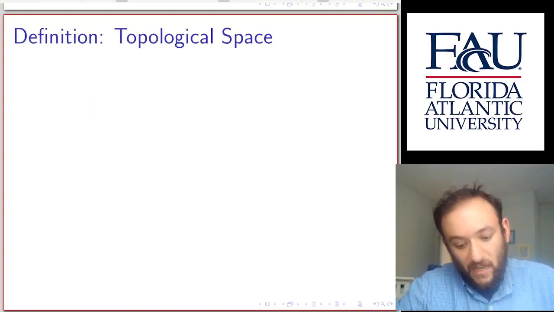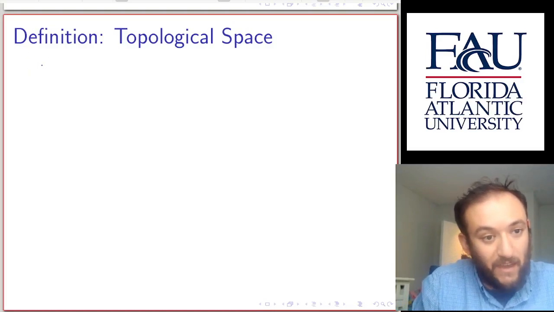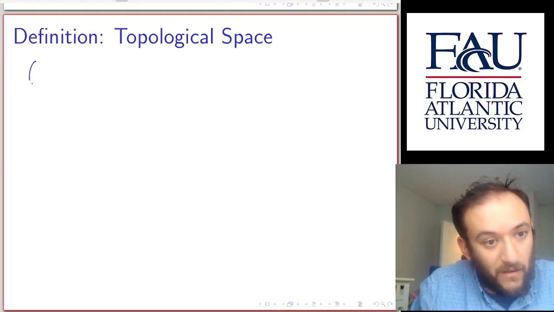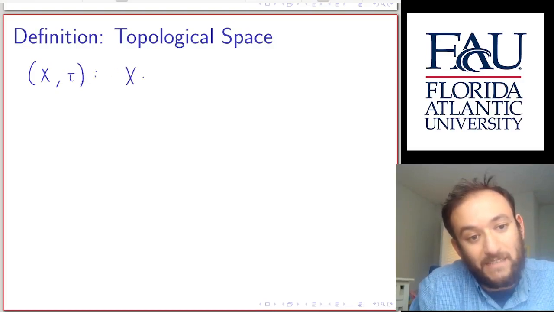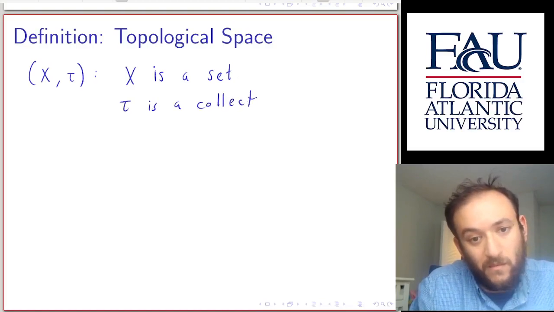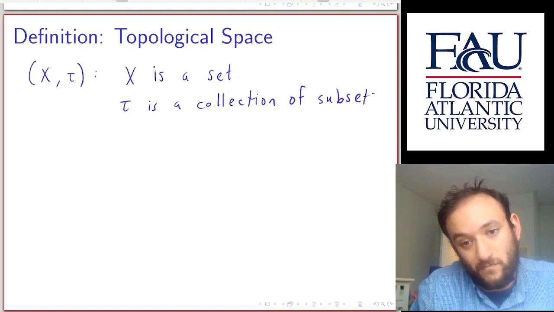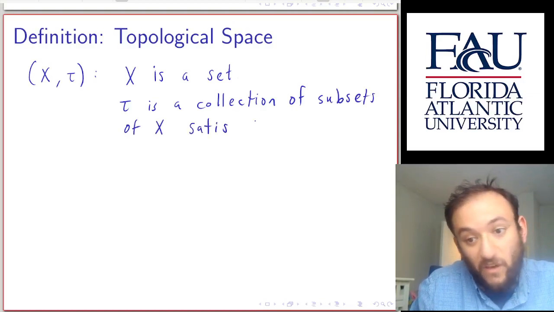Okay, so we'll start by defining a topological space. A topological space is a pair (X, tau), where X is a set and tau is a collection of subsets of X satisfying the following axioms.